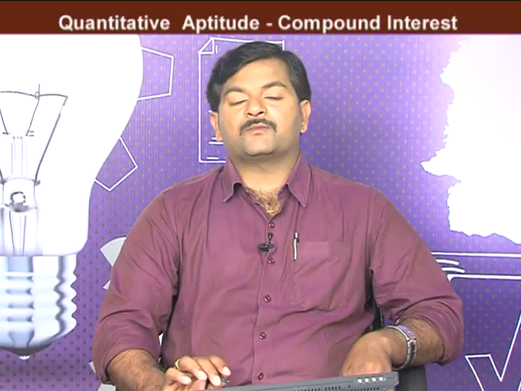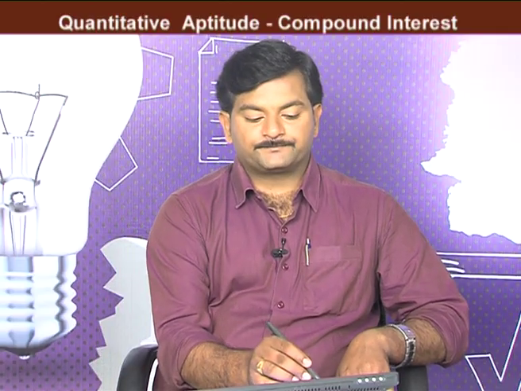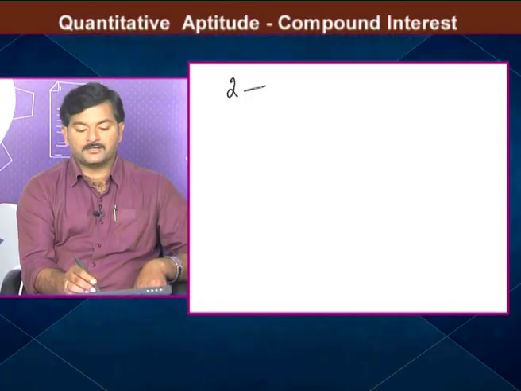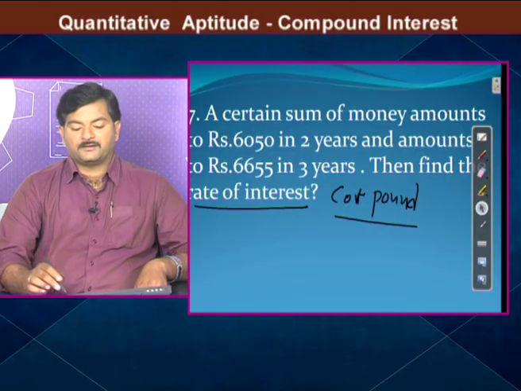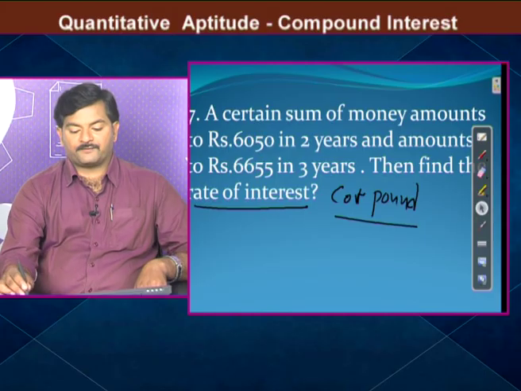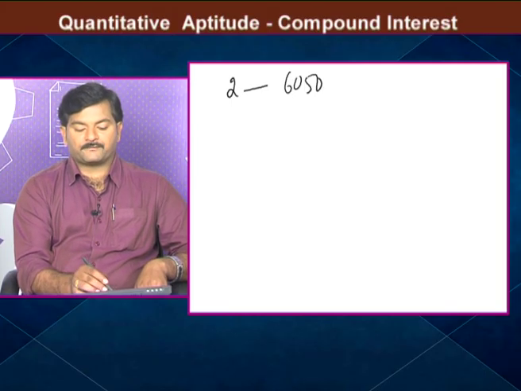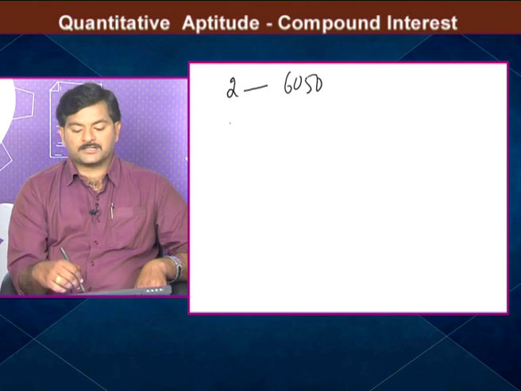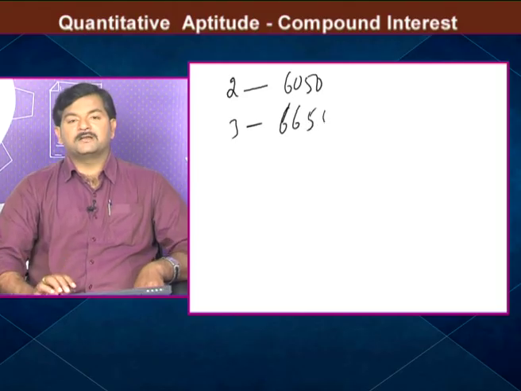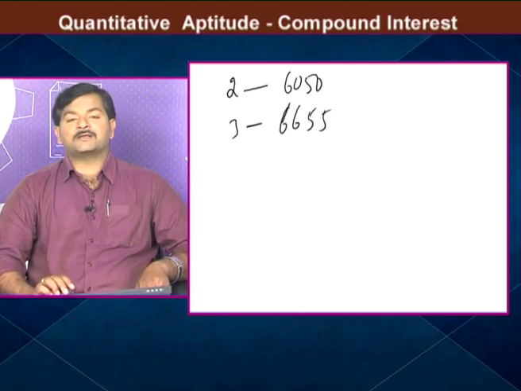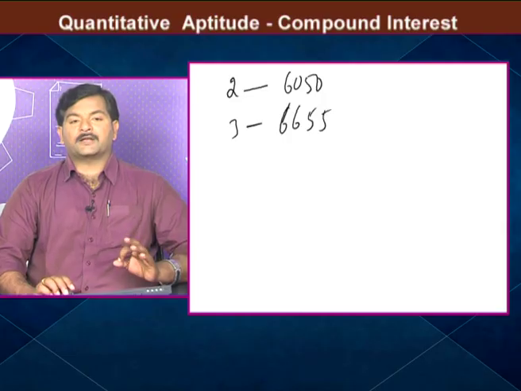For 2 years it will amount to how much? For 2 years it amounts to 6050 rupees. And for 3 years it will be 6655 rupees, according to compound rate of interest.